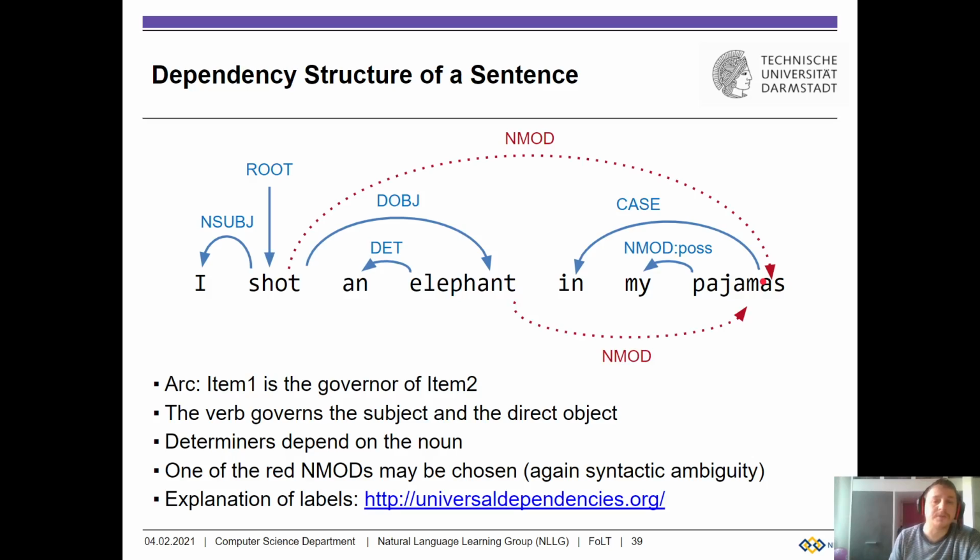Or the other option is, and that was what the picture was related to, the elephant governs the pajamas. And now again we see that each word in this sentence is related to the main verb, which is shot, either directly, so we have three instances of words which are directly related, or indirectly. For example, the word in is governed by pajamas, which depends on shot.